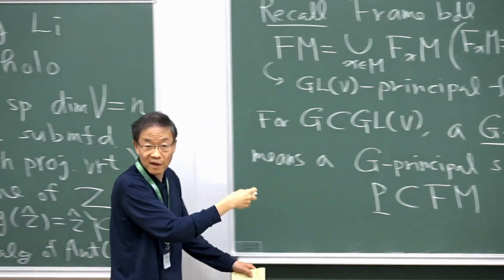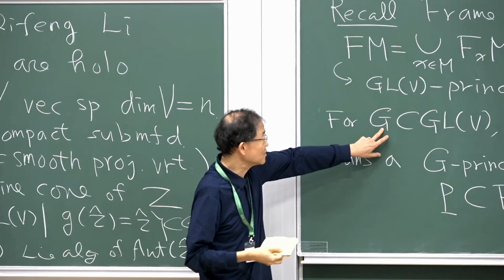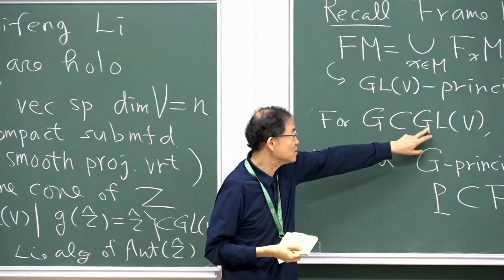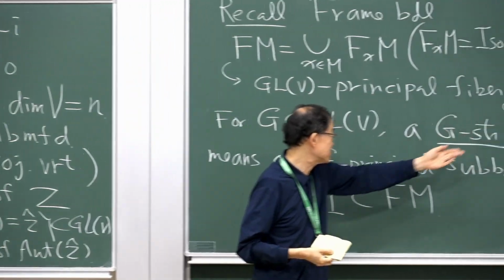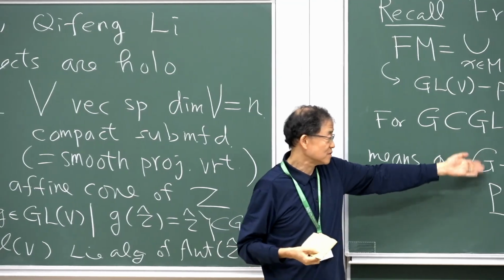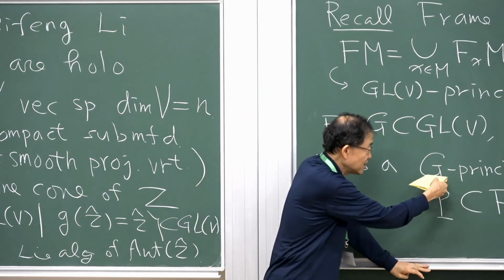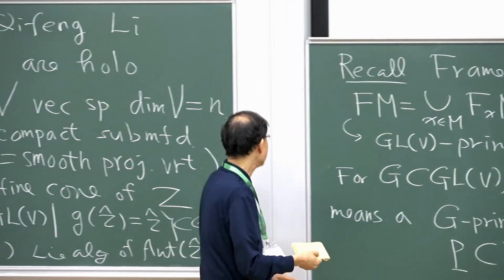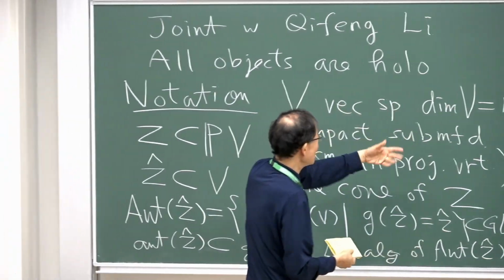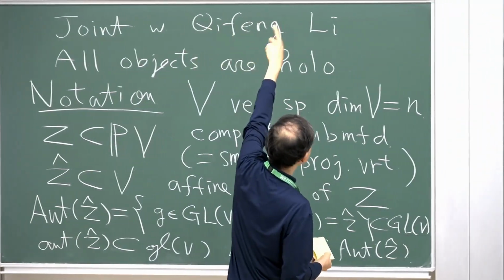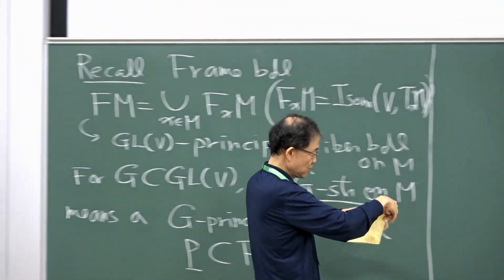That's the classical terminology. Whenever you are given a subgroup of the linear group, a G-structure on M just means you have a choice of principal subbundle with that structure. And it's more or less tautological that this is the definition of a G-cone structure.